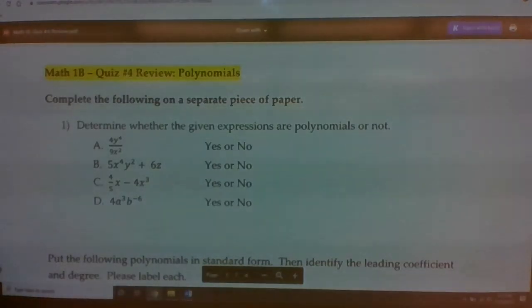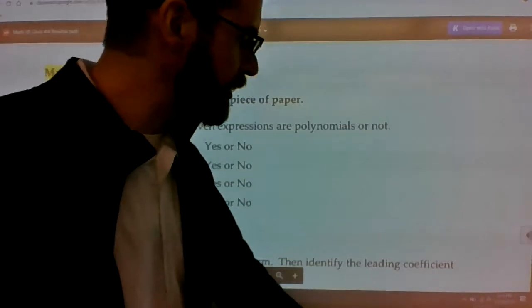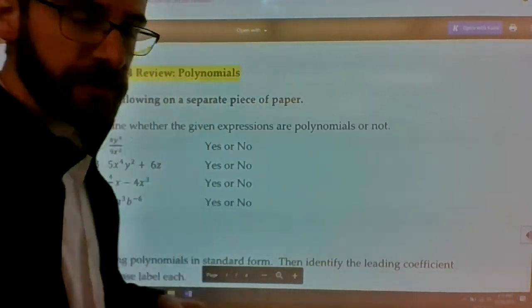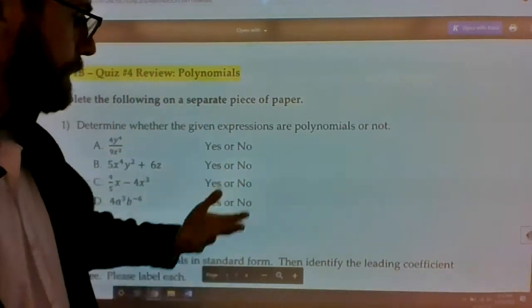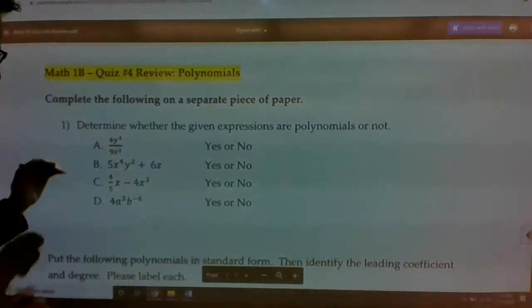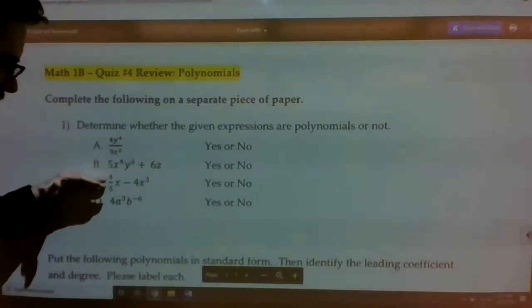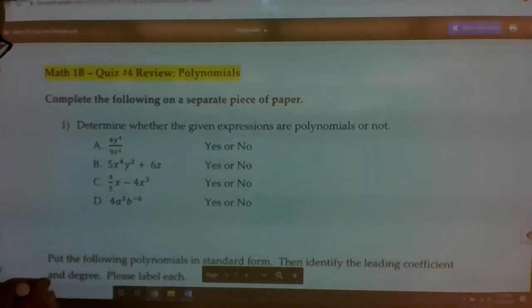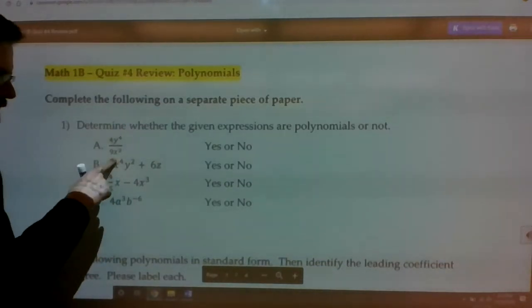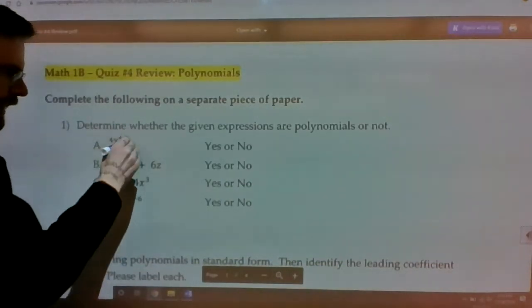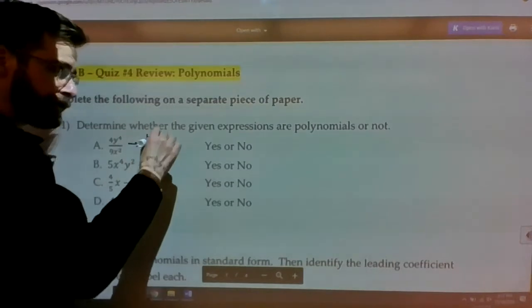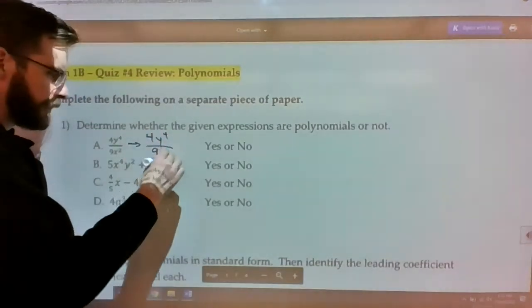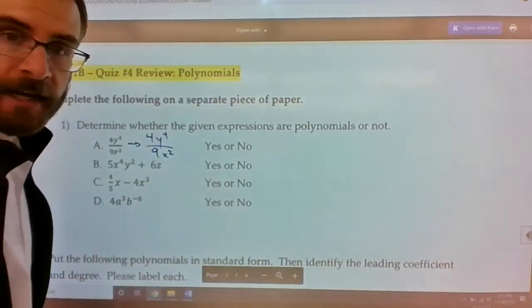The very first lesson we did was determining whether or not a given expression is a polynomial. I've got 4 different expressions. First one, 4y to the 4th over 9x squared.